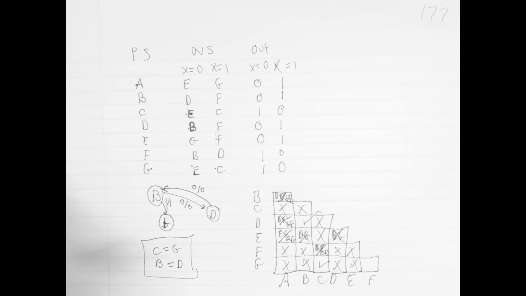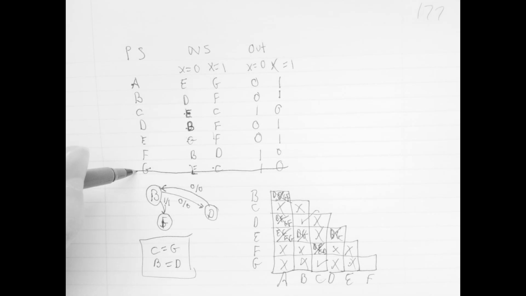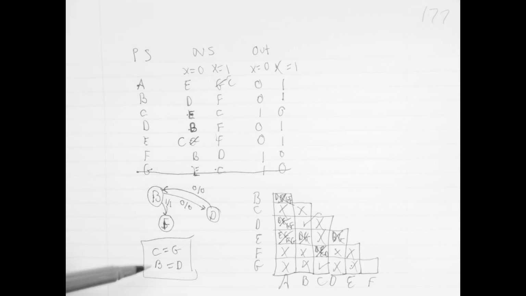And when you do something like that, you can modify your diagram by saying, well, let's remove G, and every place we see a G, we'll put in a C. And then it says here B equals D. Okay, so let's remove D, and everywhere we see a D, we can put in a B. So now if we look at our next states, there should be no more G's, there should be no more D's.